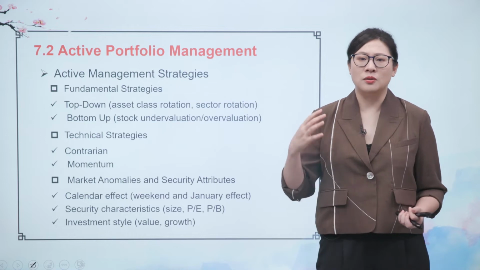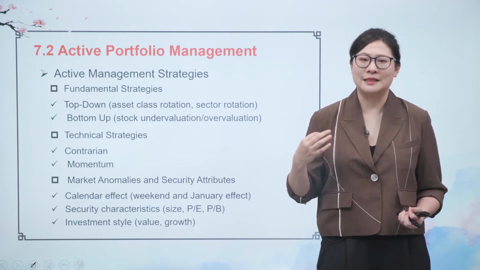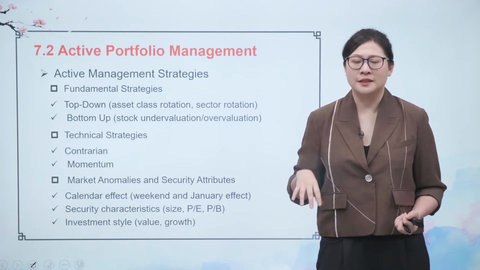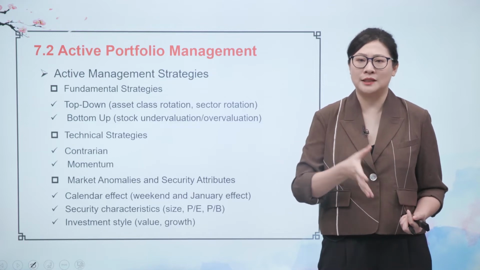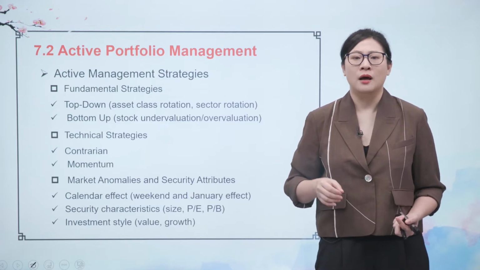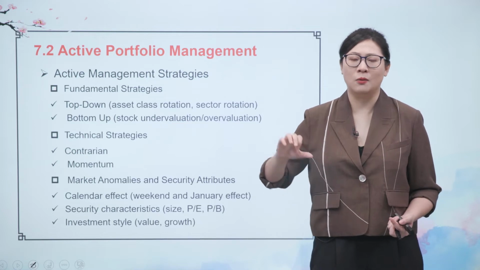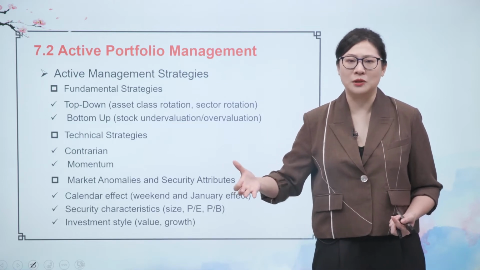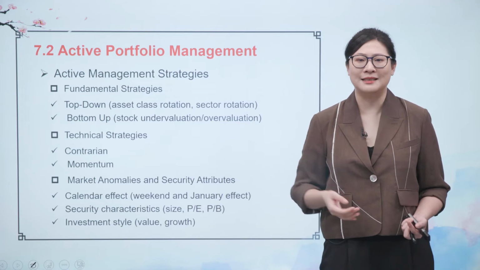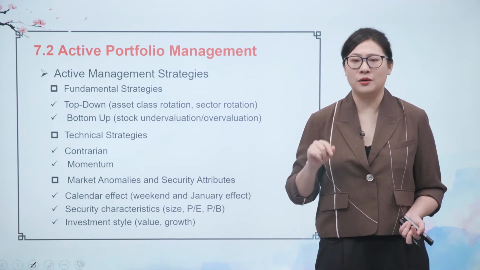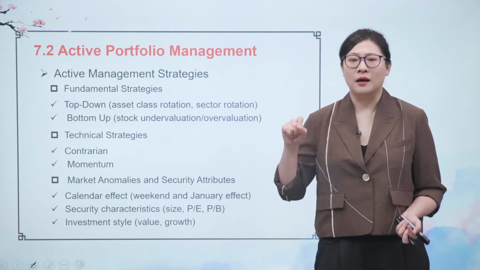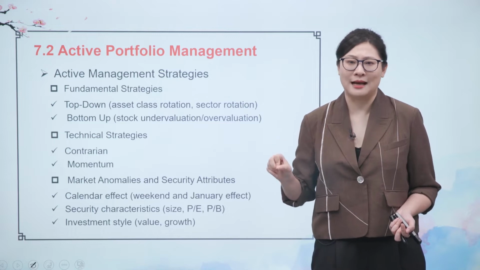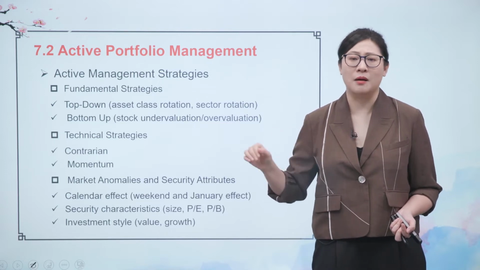And then you need to decide the sector rotation. Sector rotation means which sectors or industries you want to overweight and which you want to underweight. So you need to decide that. Finally, you need to make the individual stock selection. So that's the top-down method.